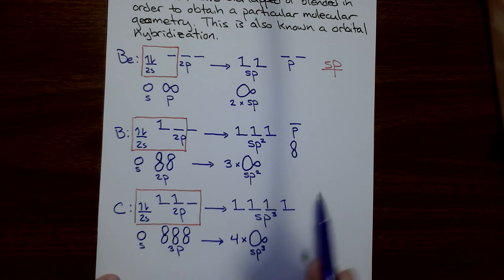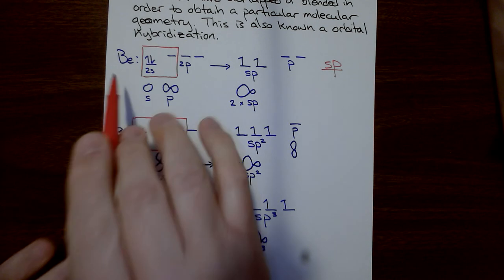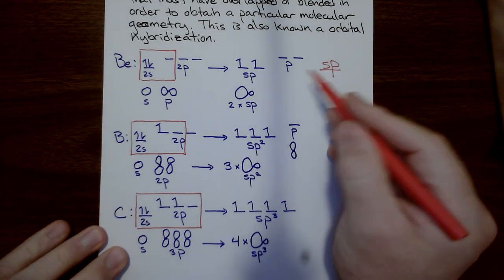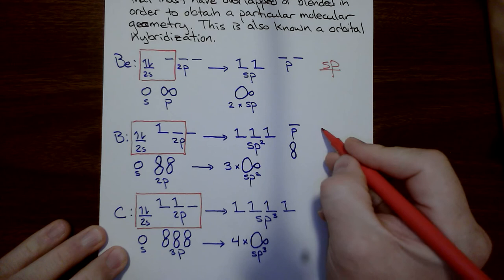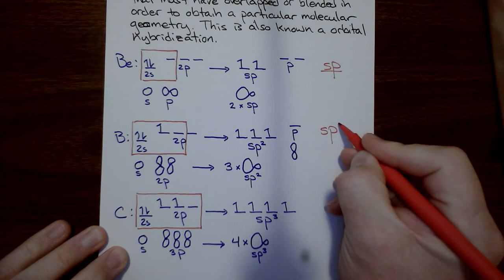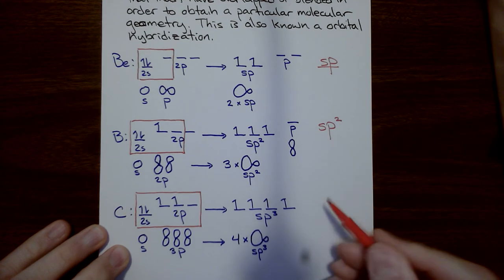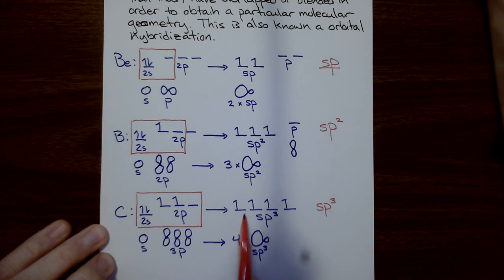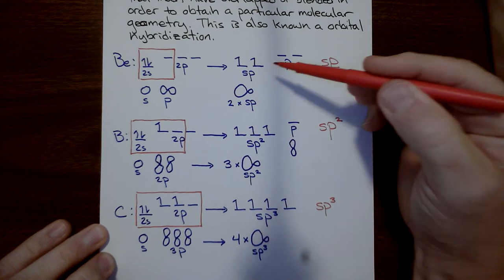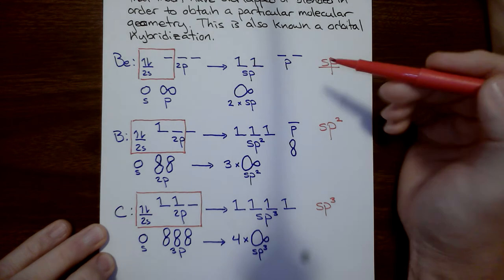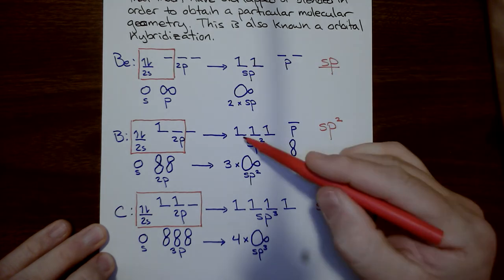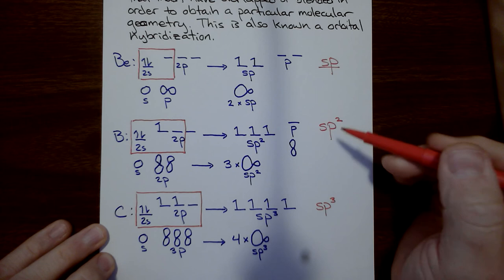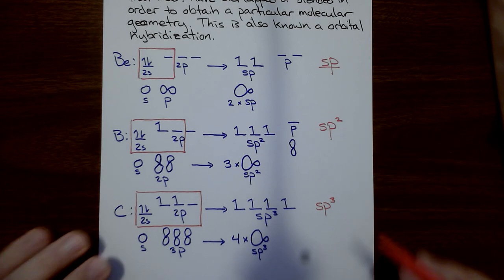And then there's no p orbitals left over. So again, beryllium will be sp hybridized, you make 2 bonds. Boron will be sp2 hybridized, and carbon will be sp3 hybridized, 4 bonds. You can think of it that beryllium has 2 bonding areas, so it's sp. Boron has 3 bonding domains or areas, sp2, and carbon has sp3.